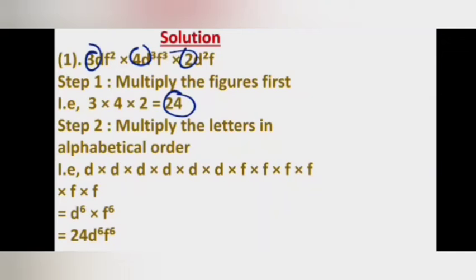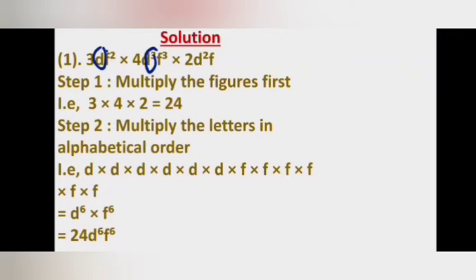Step 2, you multiply the letters in alphabetical order. Here we have the first term, 1d, that's just a letter. The next term we have d cubed, d raised to the power 3.